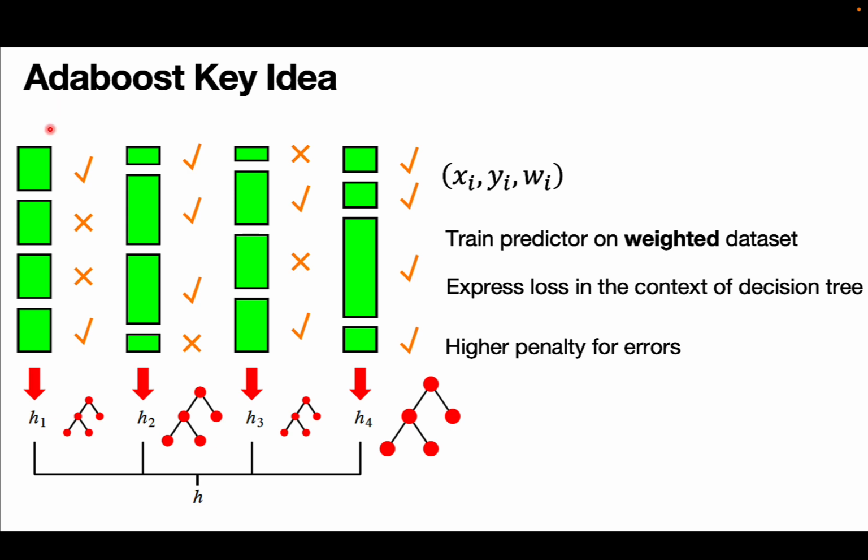As you can see in this simple visualization, the first stump made 2 mistakes in the first run. Then the second stump got them correct, because you can see here the errors got amplified, but got the fourth example incorrect. So the fourth example got amplified in the next run, and so on.